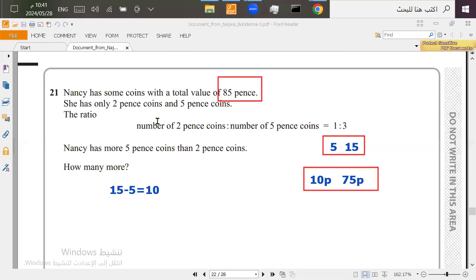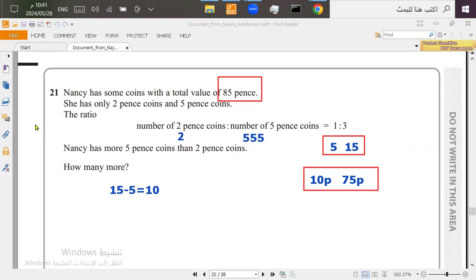Now, for this question, if you don't want to guess, you can say that if I have one piece of this and three pieces of this, this makes it 2 pence here, and here 3 pieces of 5, 5, 5, because this is the ratio. Together these will be 17.